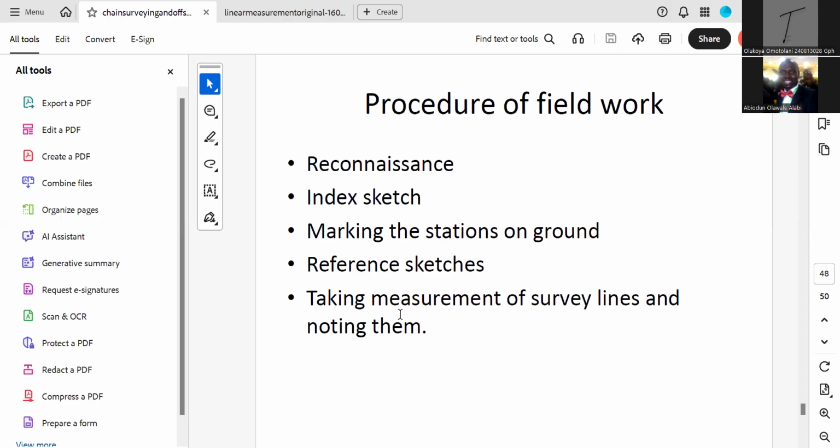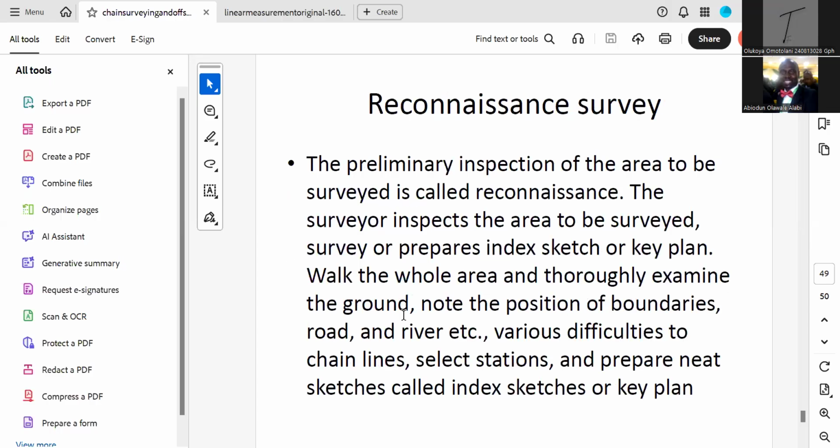Now we have the index sketch. Can you see now what I've said? The preliminary inspection of the area to be surveyed is called reconnaissance. The surveyor inspects the area to be surveyed, walks the whole area and thoroughly examines the ground, knows the position of boundaries, roads, rivers, etc., various difficulties to chain lines, selects stations, and prepares sketches called index sketches or key plan.